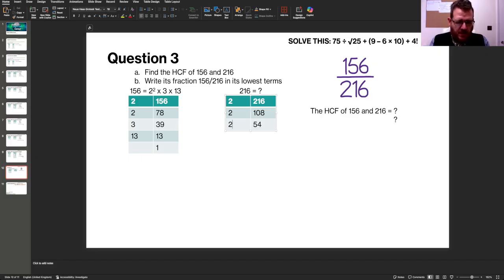And another 2 there, that gives you 27. Then you've got a 3, and another 3, and then another 3. So this essentially becomes 2 cubed times 3 cubed.